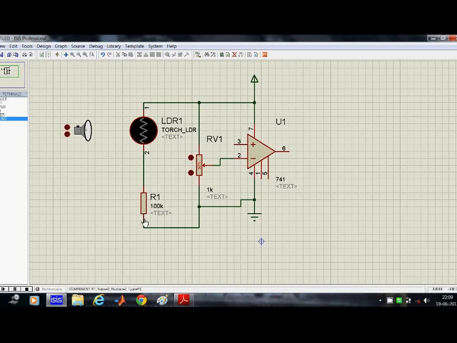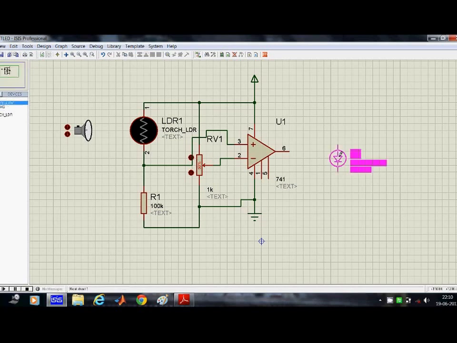So as I have already explained using pen and paper, the connections or the schematics look a bit ugly, but never mind. I hope that you can understand how the connections are made. The 6th pin is our output pin, so I take an LED.